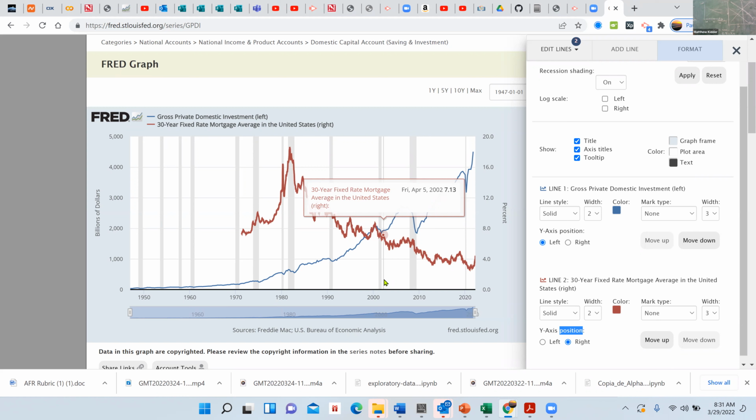What takes off? What type of investment was really fueled after that 2001 burst? In the wake of that, what happened? Anybody know? I'll give you a hint. It led to the 2008 crisis.